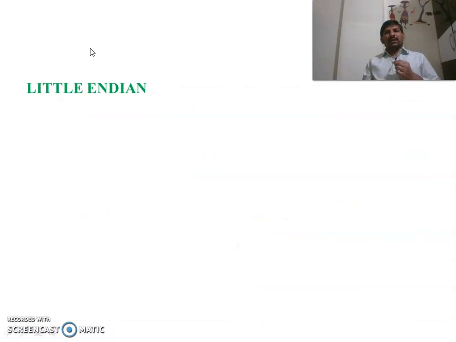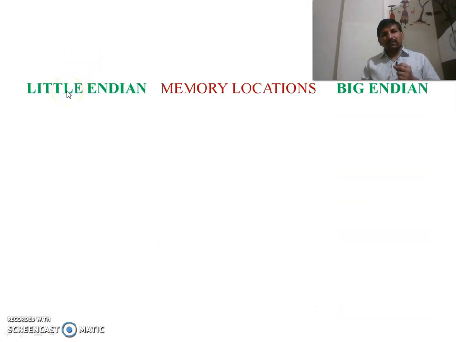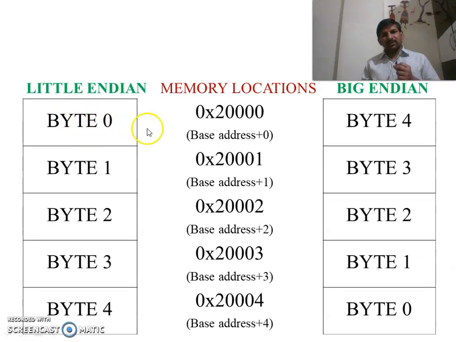Next, Little Endian. Endian means the order in which the information bytes are stored in the memory location. Little Endian means the lower byte of data, byte 0, is stored in the lower memory location.